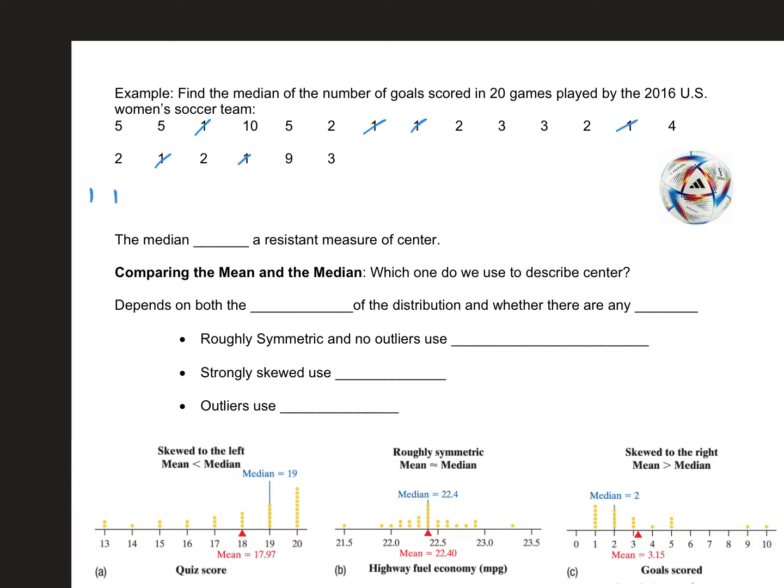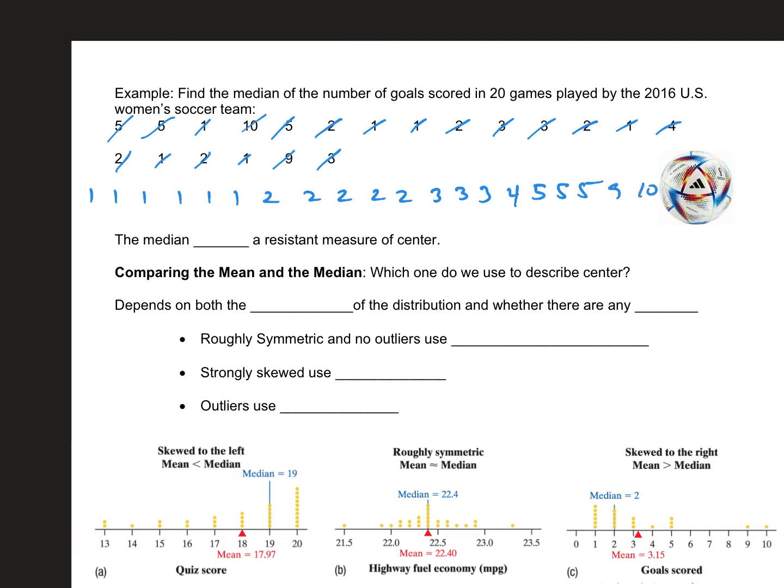And twos, 1, 2, 3, 4, 5. And then threes, 1, 2, 3. We have a 4, 3 5s, 1, 2, 3, and then 9, 10.